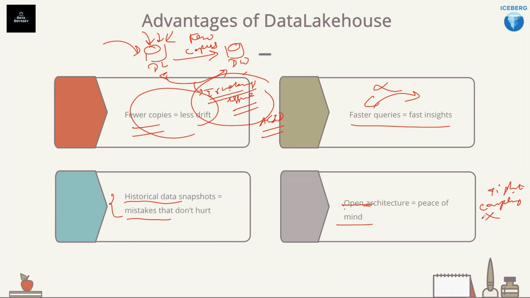So the compute can be of Spark, the storage can be of Azure, and the table format could be of Apache Iceberg or Hudi. A single vendor did not decide what is the table format or what is the file format, correct? So that's the thing. So these are the advantages of data lakehouse.